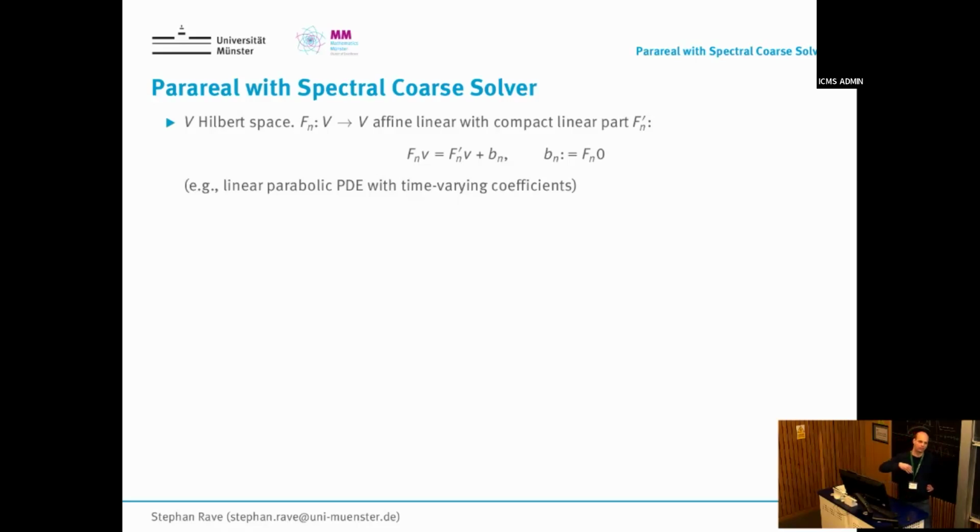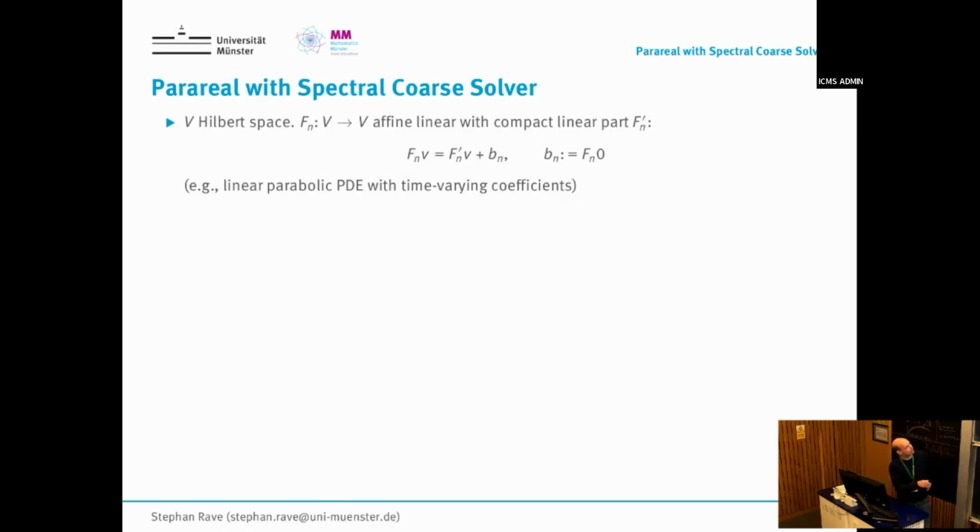And also if I go to the discrete case for a nice discretization, the Fn will still be affine linear. If not, we assume it's almost as good as solving analytically, so it's almost affine. So this is not really a restriction for the algorithm.